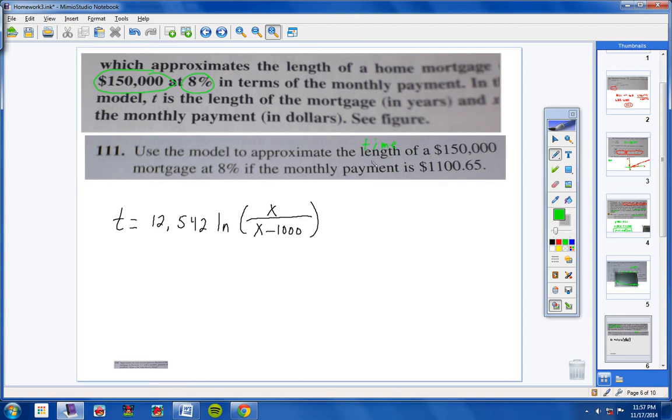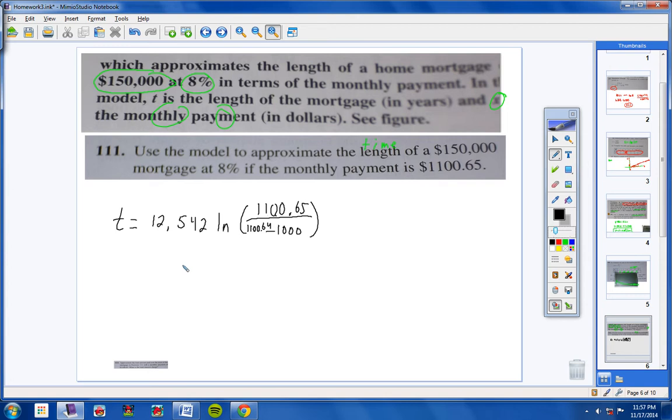So that goes in for X because it says here X is the monthly payment. So for X right here, I'm going to put $1,100.65, and then here, same thing, $1,100.65.